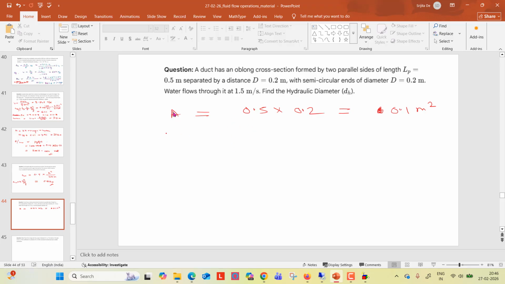So area of that semicircle, two semicircles, is pi by 4 d square. This is the circle because we are considering two semicircles. So means one full circle. So it is coming as 0.0314 meter square.